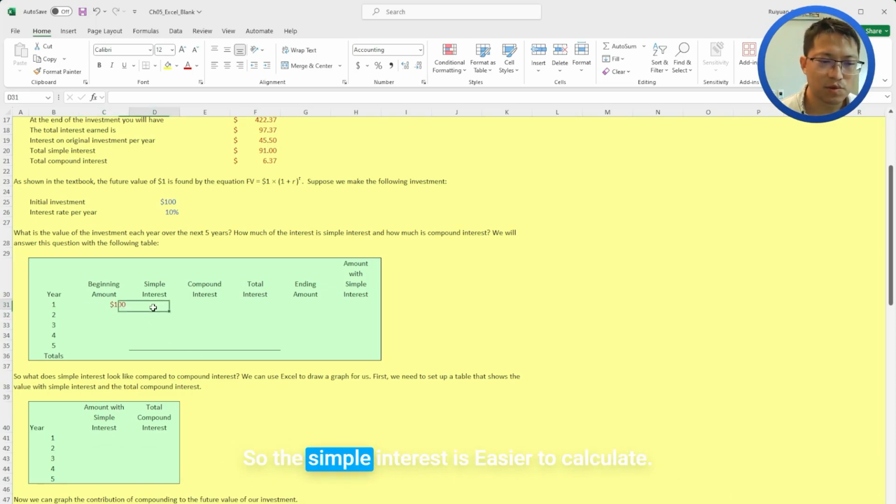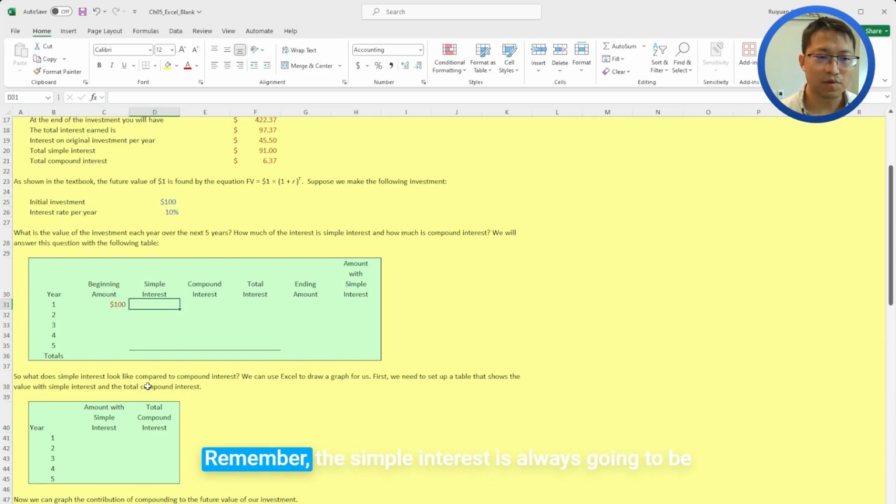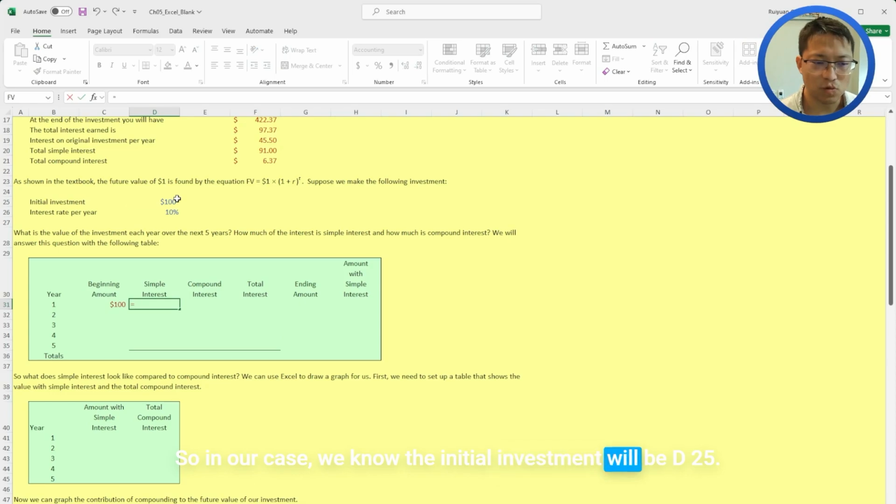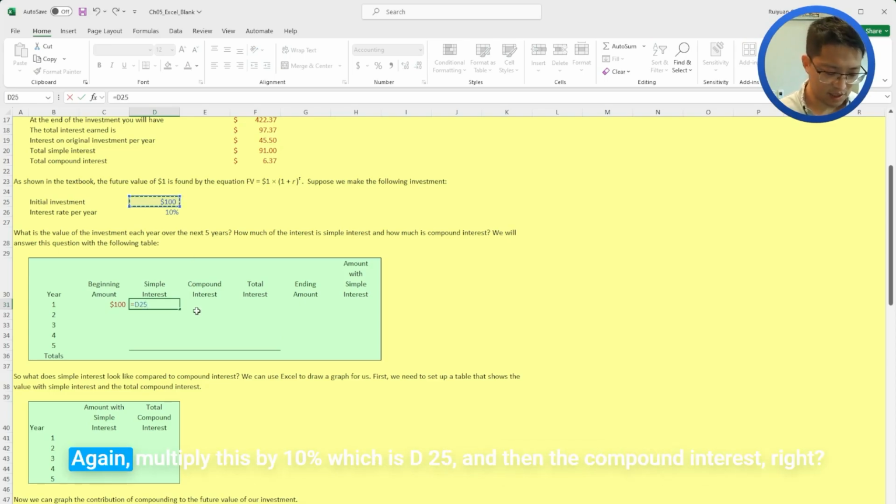The simple interest is easier to calculate. Remember, the simple interest is always going to be the initial investment multiplied by the interest rate. So in our case, we know the initial investment will be D25 again, multiplied by 10%, which is D26.